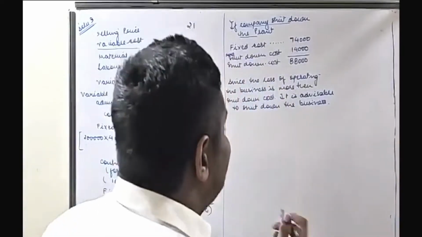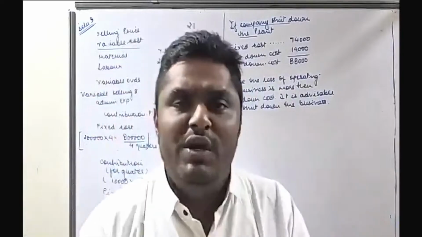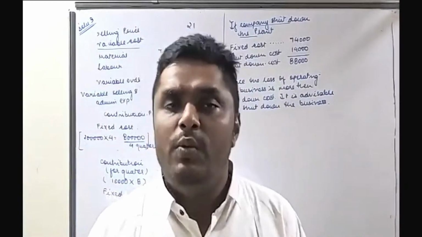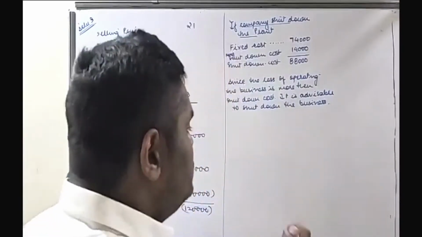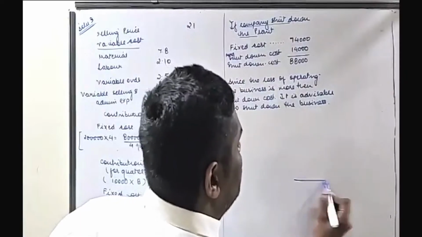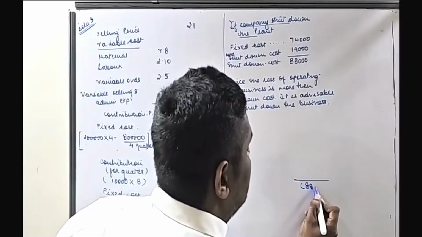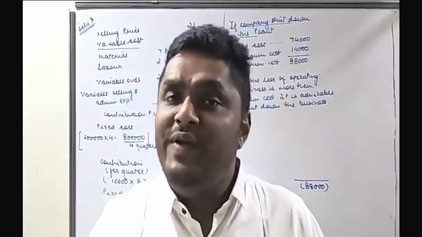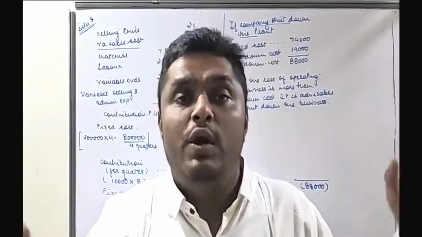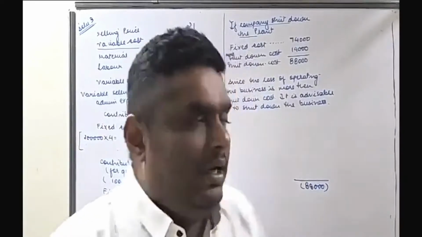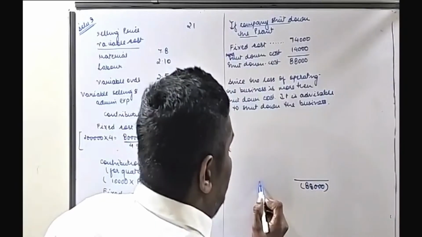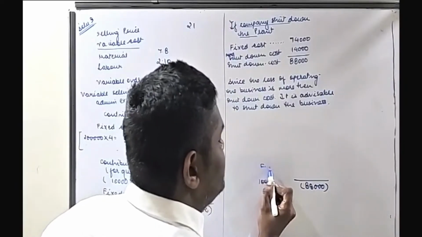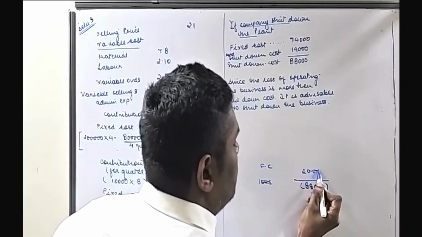So what is my desired loss? See, just teaching you in a very simple way. Again, straight away the formula is given in the study material. So straight away my desired loss is how much? 88,000. If we are making a loss of 88,000 while running the business, then we are indifferent. Continue or shut down, anyways it is 88,000 only. My fixed cost is how much? 2 lakh.